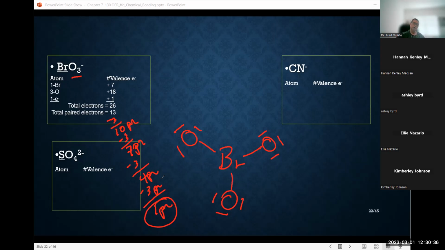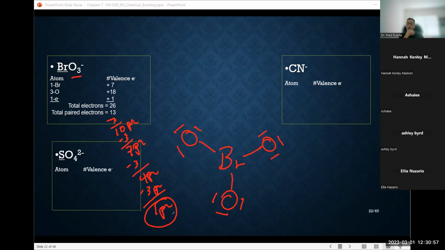What do you guys think? On the outside in the brackets? Well, no, I got one pair. I got to put it around an atom someplace, but which atom can I put it on?